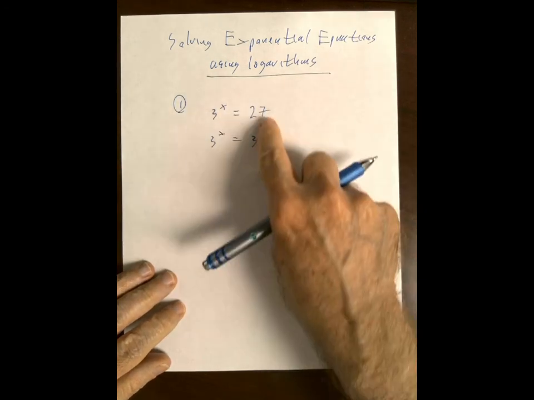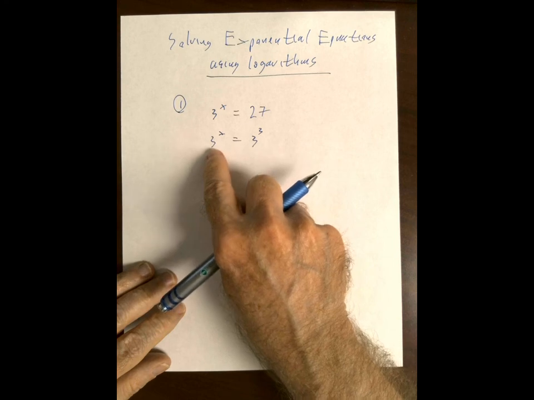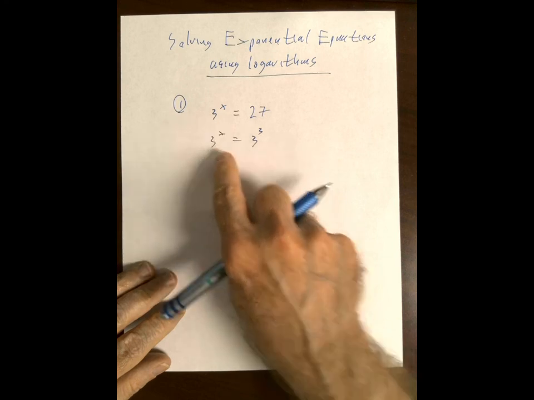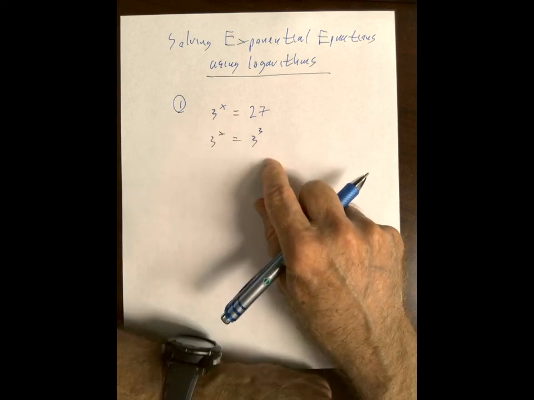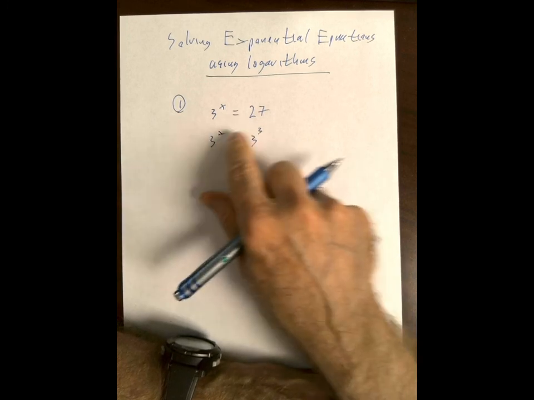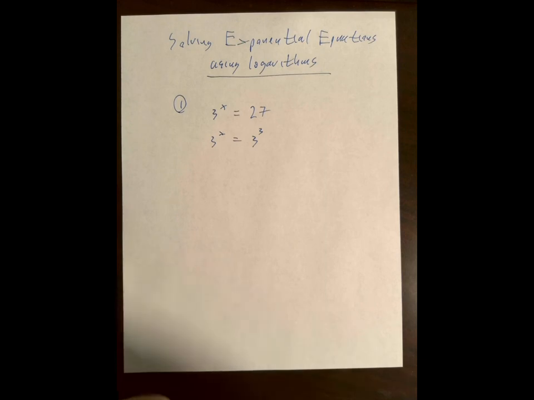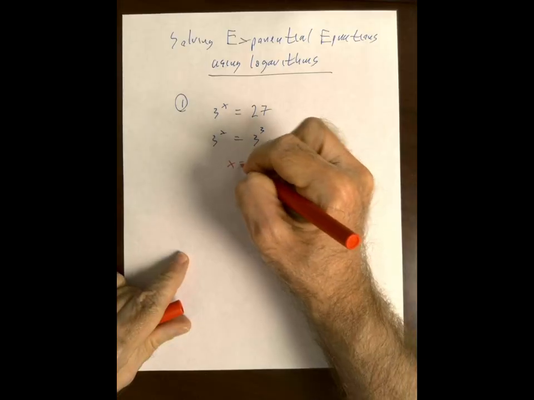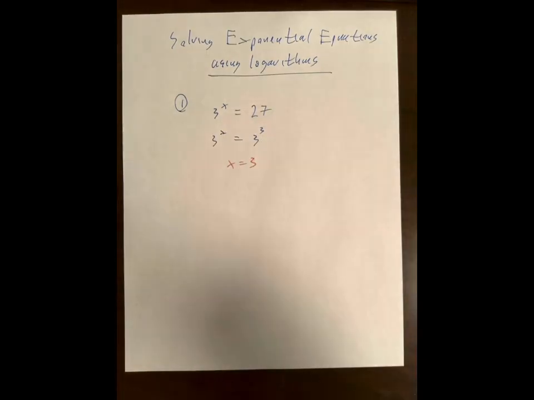So we express 27 as a power with the same base as the exponent on the left, and we can see here that if the two bases are the same, the exponents have to be the same, and so we would say, oh, x is equal to 3. All right, so that's equation solved.